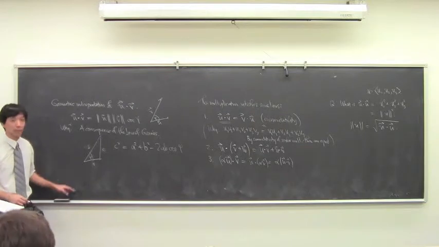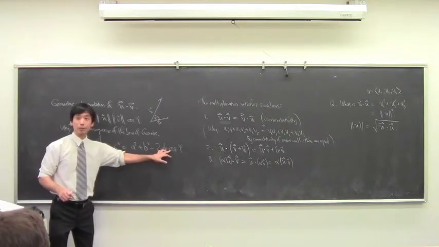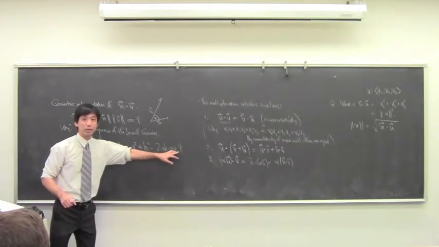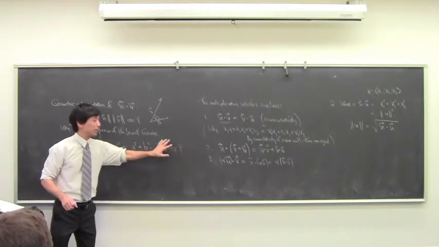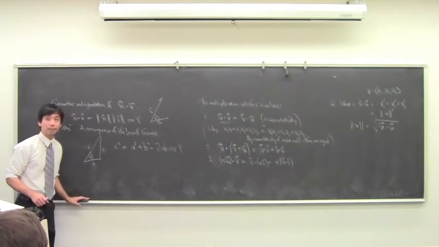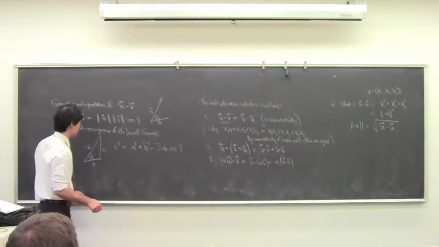So this is like a superior version of the Pythagorean theorem, but the difference is that it works on all triangles, not just right triangles. For a right triangle, the cosine of the angle between is 0, so this term vanishes, and you get the Pythagorean theorem back. So C squared equals A squared plus B squared minus 2AB cosine C.